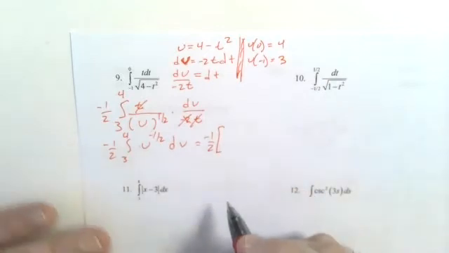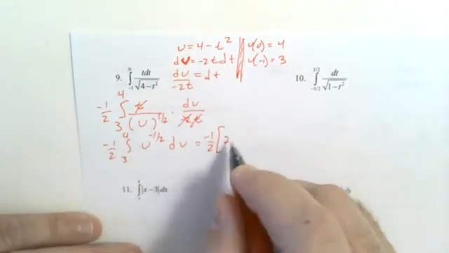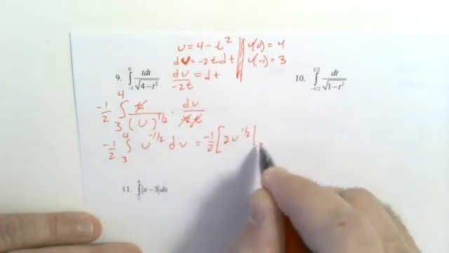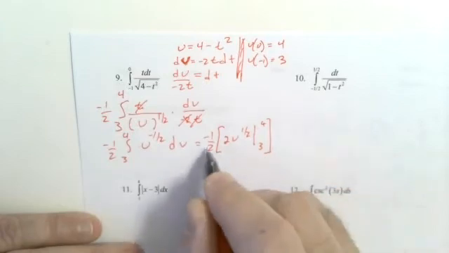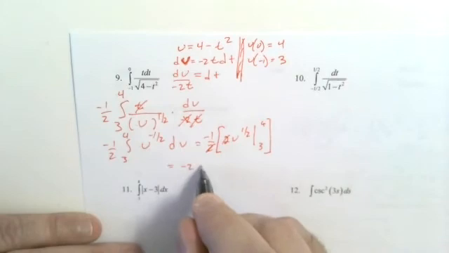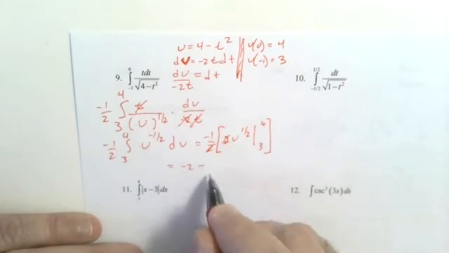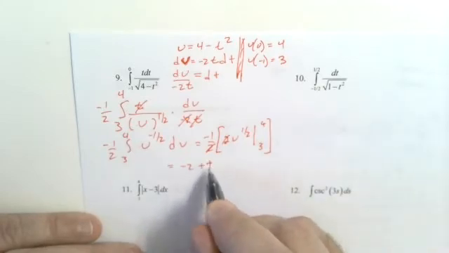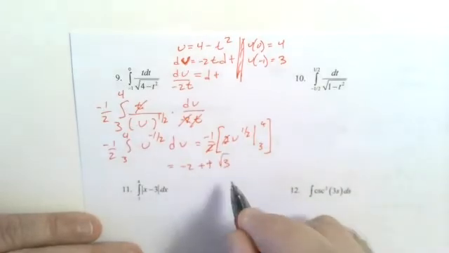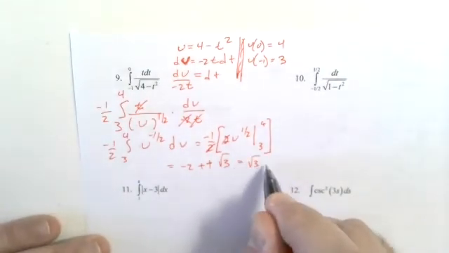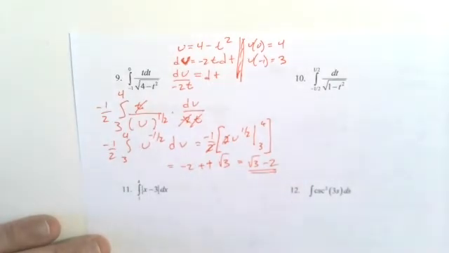Add 1 and divide, that's 2 u to the 1/2, from 3 to 4. Cancel, cancel, equals -2 times, I'm distributing my negative right away, 2 plus square root of 3. Mathematicians tend to write the positive part first, even though that is a negative number, but that's fine.